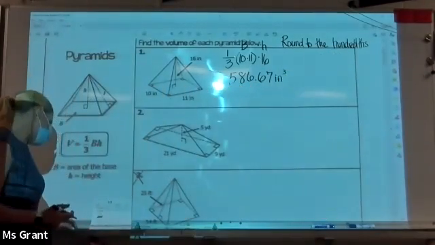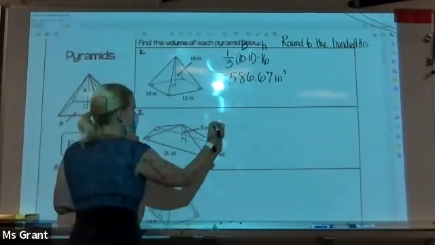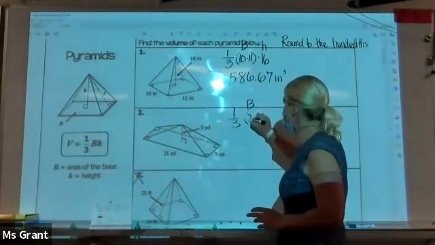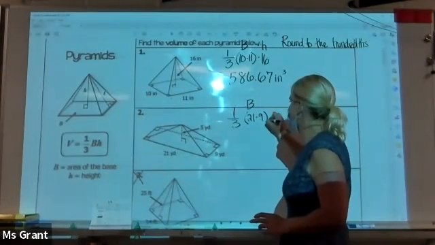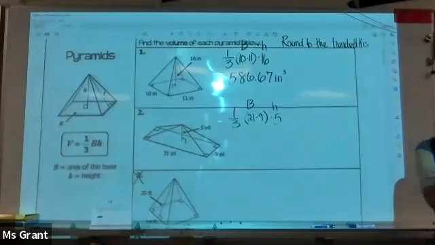Okay, let's do number 2. 1/3. The big B is 21 times 9 times the height. Okay, go for it.